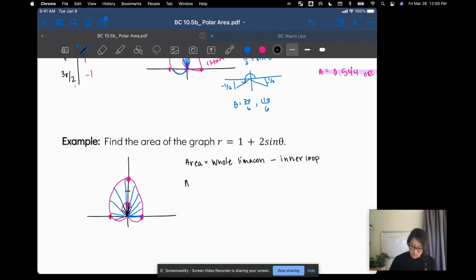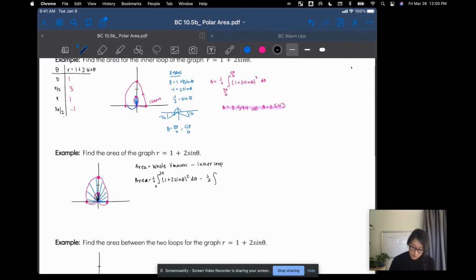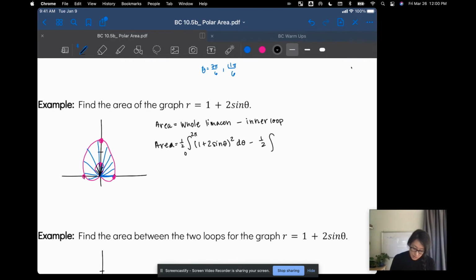Okay, so the area is going to be 1/2 from 0 to 2 pi. So the whole thing, I'm going to go around the whole cycle, 1 plus 2 sine theta squared d theta, minus the area of the inner loop, which we know from the problem above.